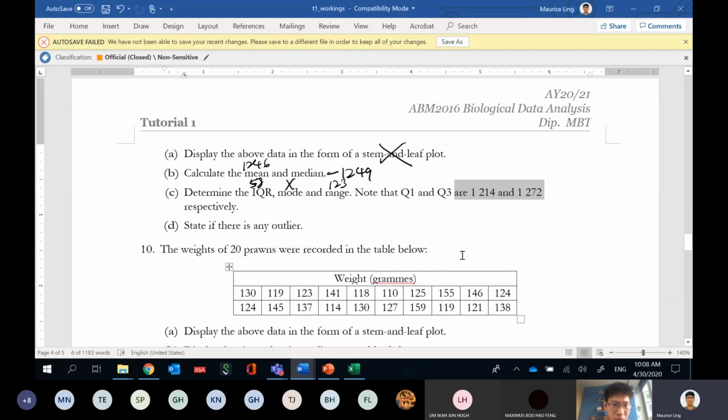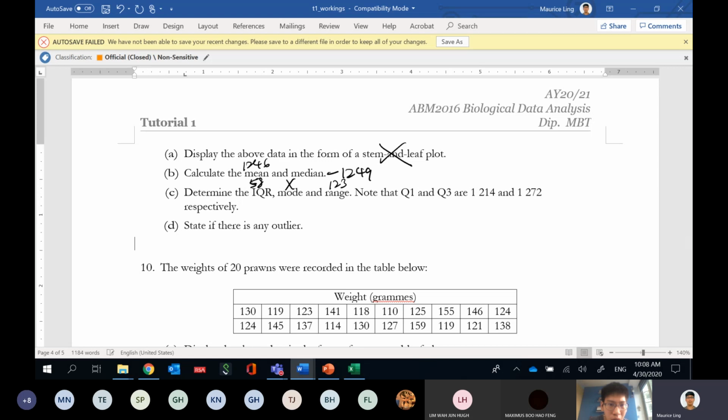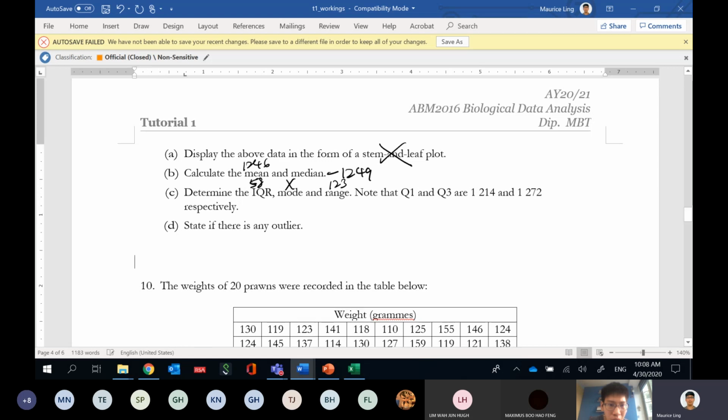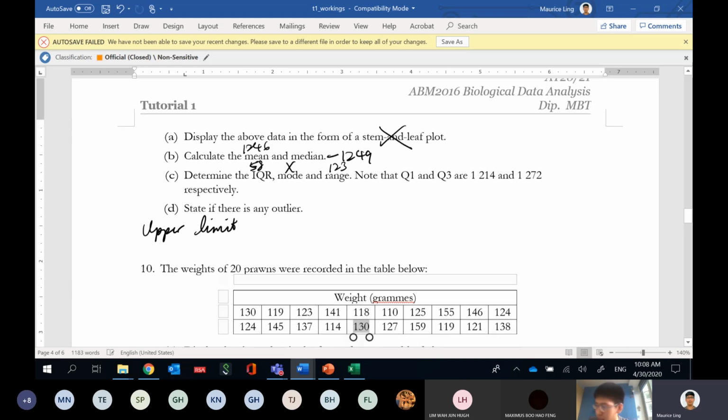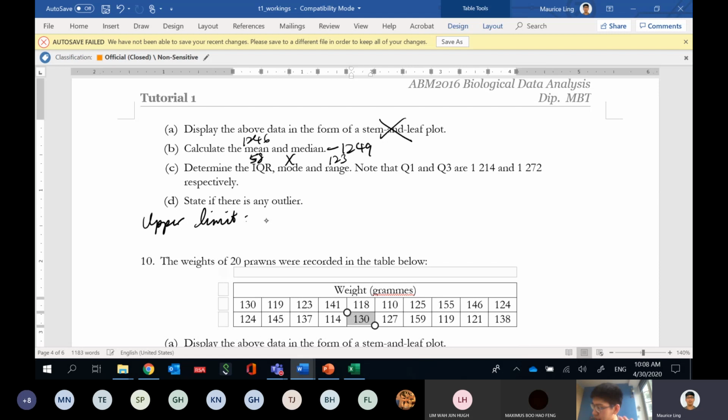All right. Okay, so are there any outliers? In order to find out outliers, you actually need a few different things. You need to find the upper limit. So there are no outliers. Okay, correct. The answer is no outlier.